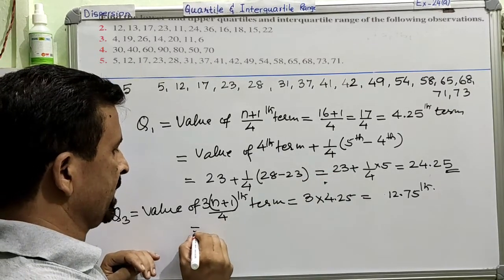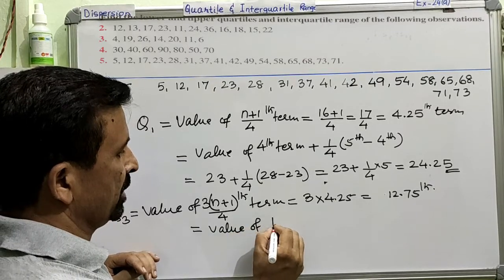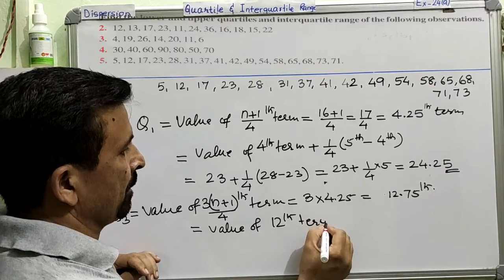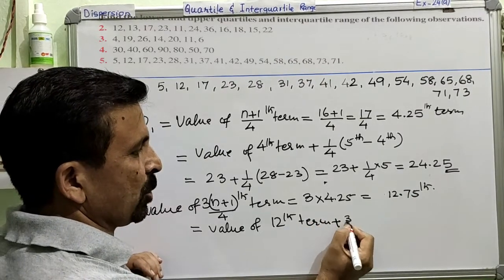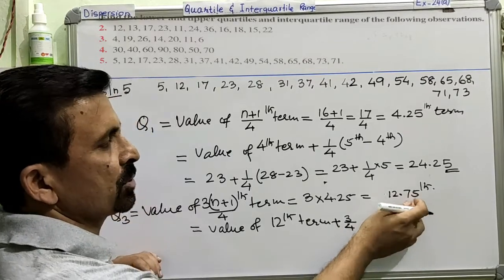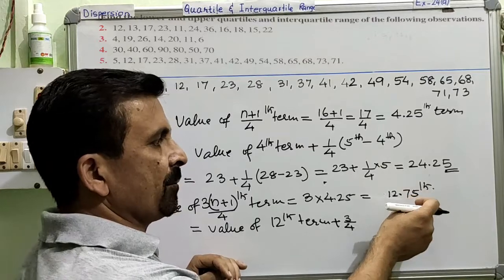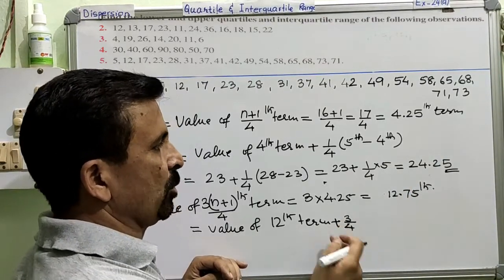So for this we can write this as value of 12th term plus 0.75, which we can write as 3/4, right? You need to know how to change the decimal part into fraction. So 0.75 is multiplied by 100 and divided also by 100, and then simplify, you will get this as 3/4.